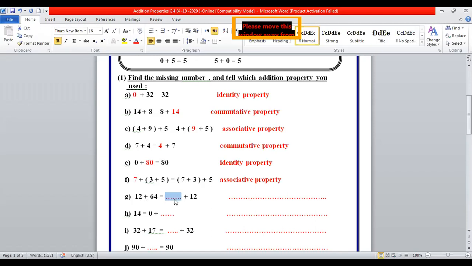We use the same two numbers and we change the order only. So 12 plus 64 equals 64 plus 12. What is the name of this property, Basil? If we change the order of the two numbers, it's called commutative. Thank you.